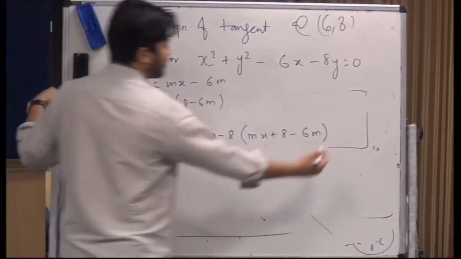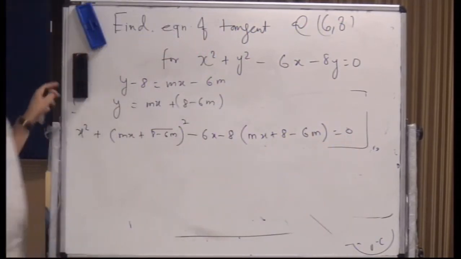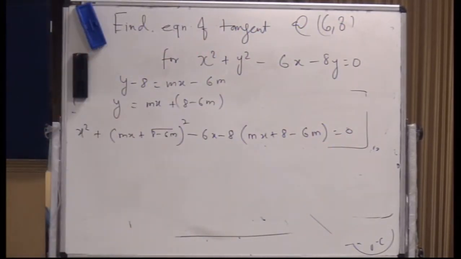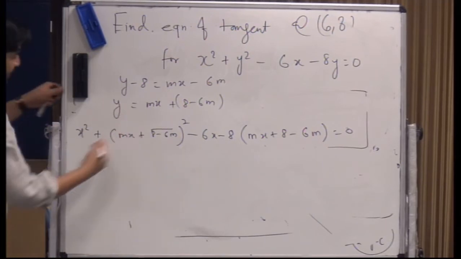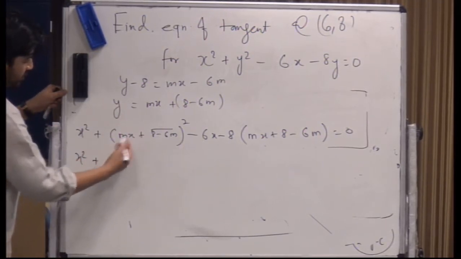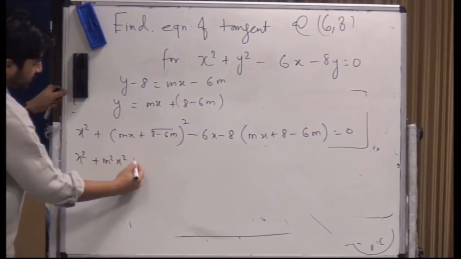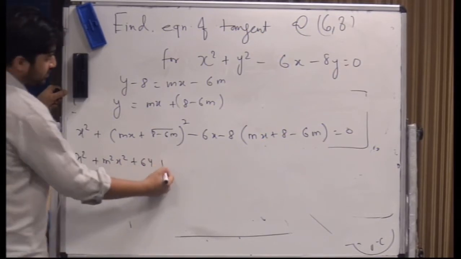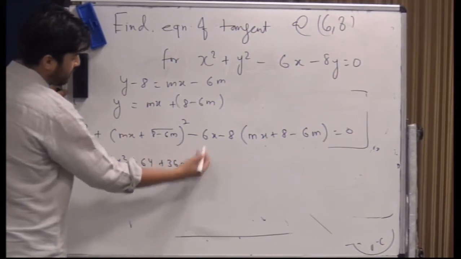This is your quadratic equation. It looks a little messy, but a little calculation will help you get the coefficients. You need only three things: the coefficient of x square, the coefficient of x, and the constant. So expand this. The x square term is going to be m square x square. This is going to be 64. This is going to be 36 m square.